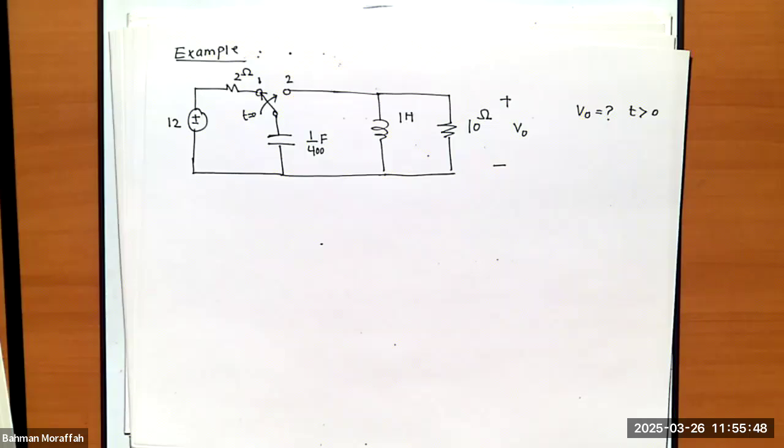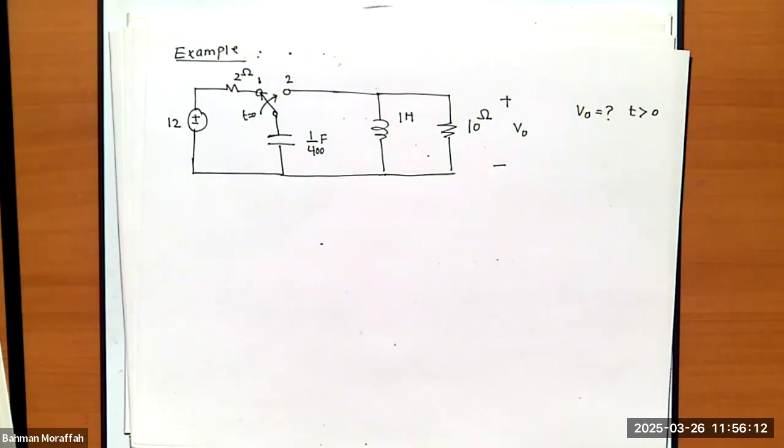What is the first step? We got to check if there is any source but DC source or not. Well, in this case, it is DC source, so we're good. It's a constant source. So the second step would be to write down the differential equation that's representing this circuit for all times greater than 0.